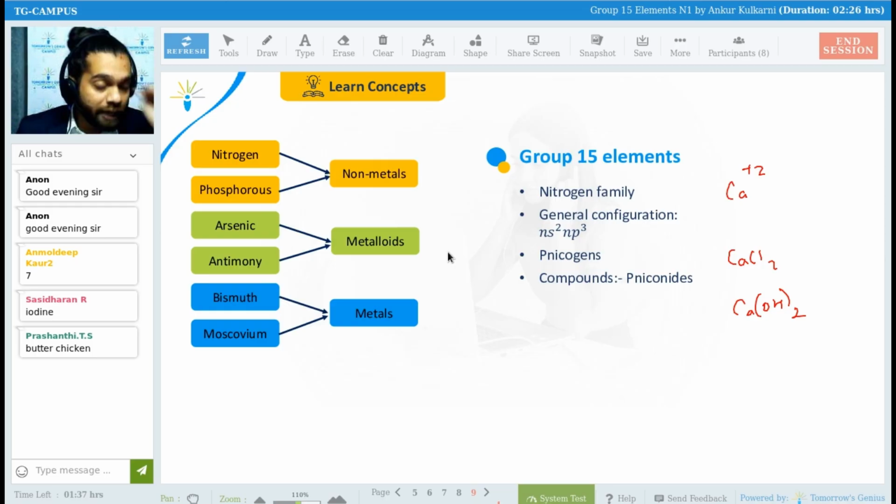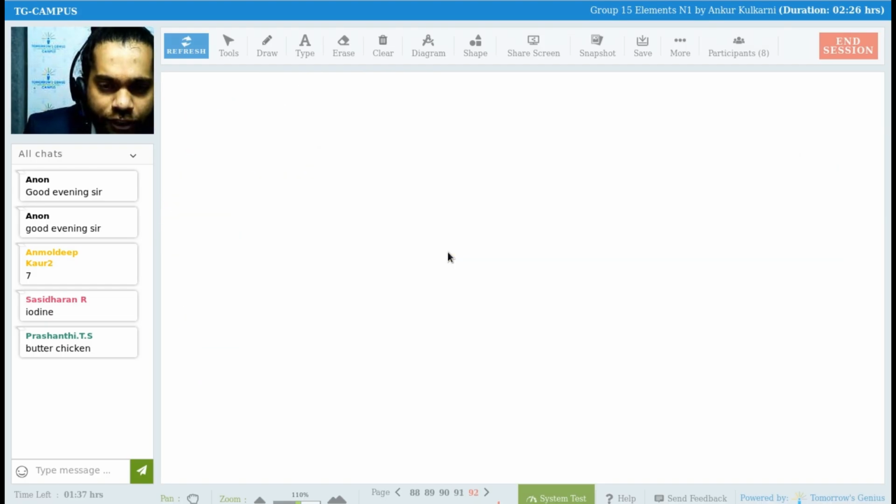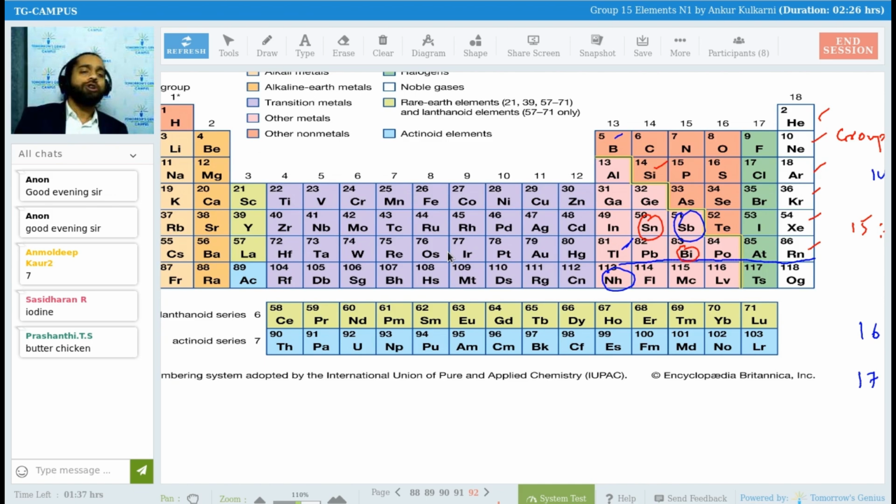Now your group 15 elements: nitrogen, phosphorus, arsenic, antimony, bismuth, and moscovium. So if you check the P block, this is the periodic table. I'll again show you the periodic table.